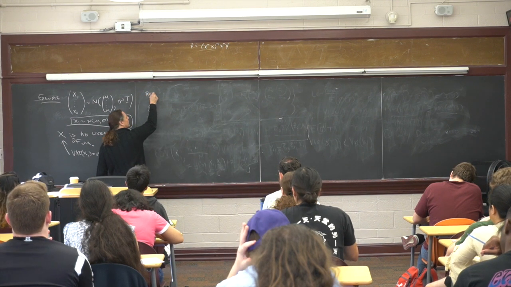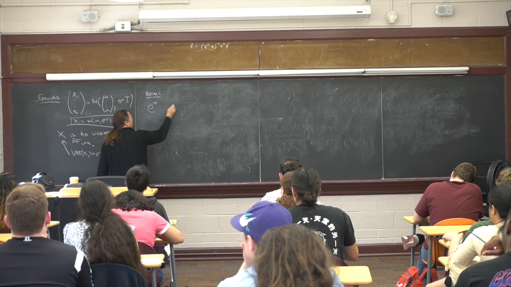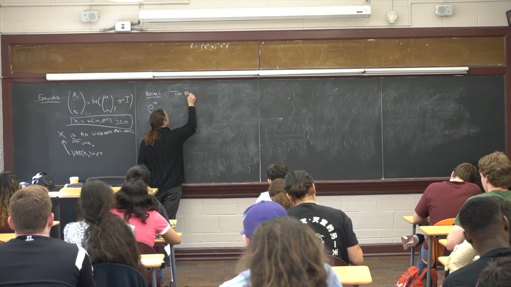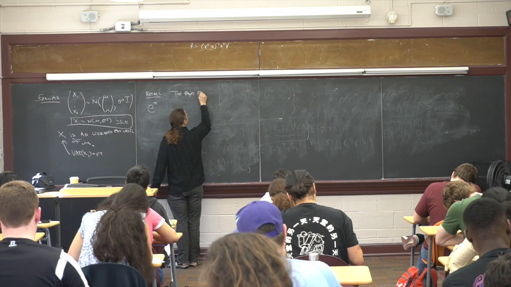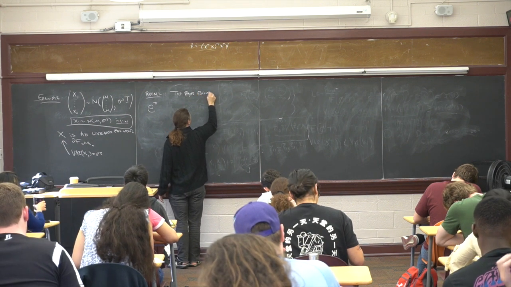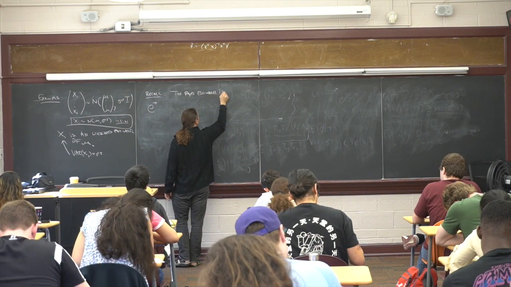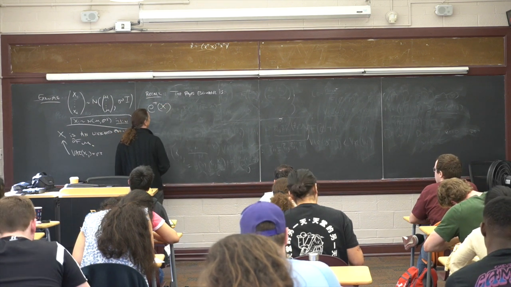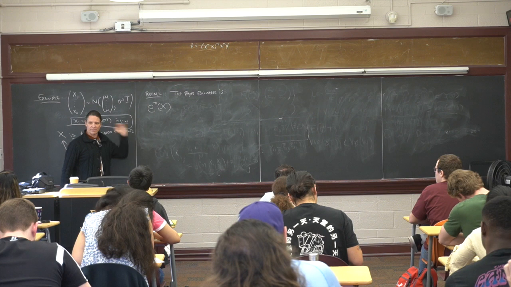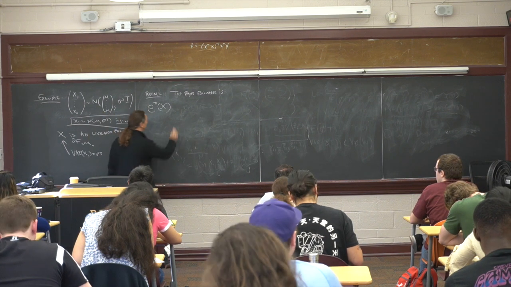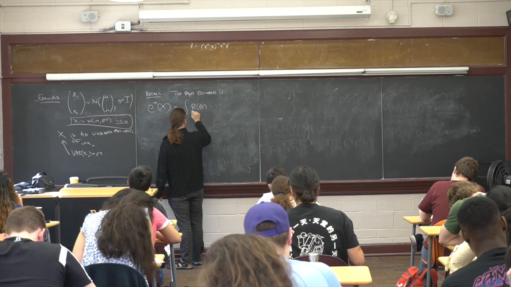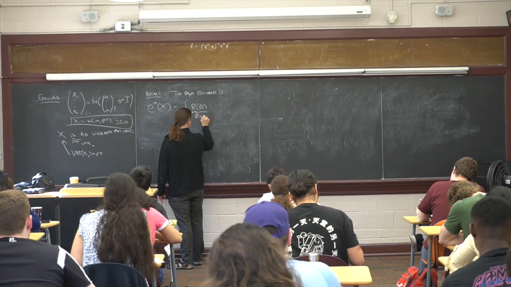But recall, the Bayes estimator is e pi, I'll make this a function of x. This is just going to denote that this depends on the prior. So this is just going to be the integral of the risk function. So that's risk.